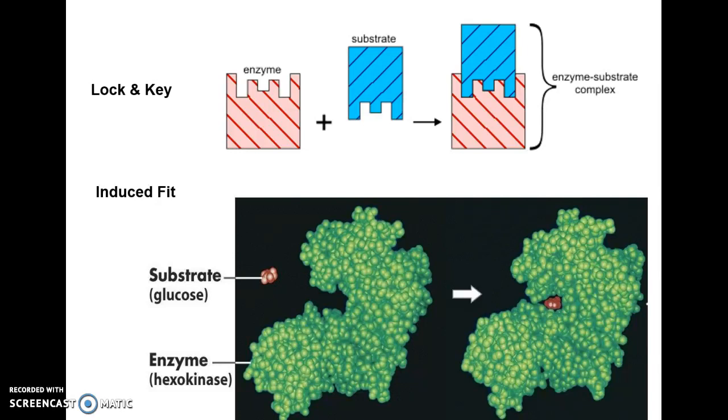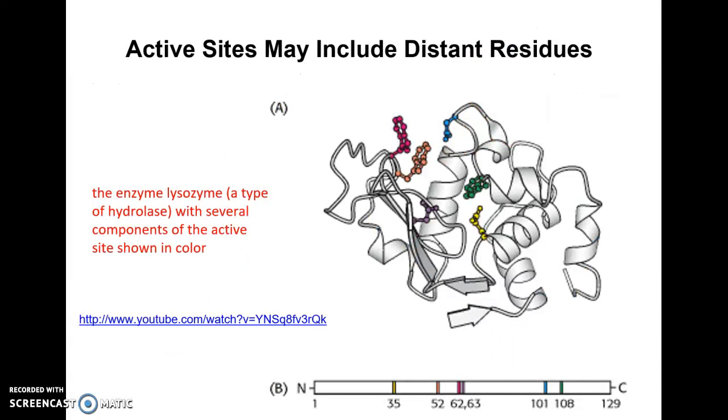There are also going to be coordinating amino acids within the active site that are going to undergo temporary covalent bonding with the substrate to allow the electrons to move around inside of the substrate to facilitate the reaction. So the coordinating amino acids inside of the active site do not have to all be right next to each other on the gene or on the protein.